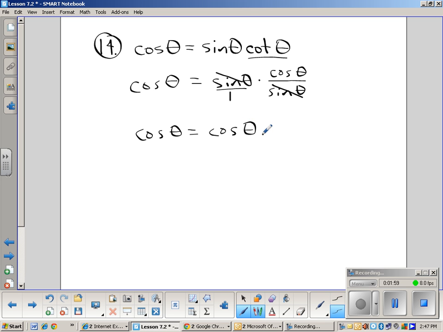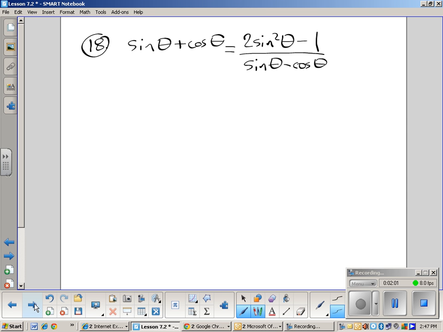Unfortunately, they're not. The next example is one where I'm kind of backtracking on one of the tips I said: to make the complicated side into the simple side. I'm not. I'm actually going to take this side and transform it into the other side.